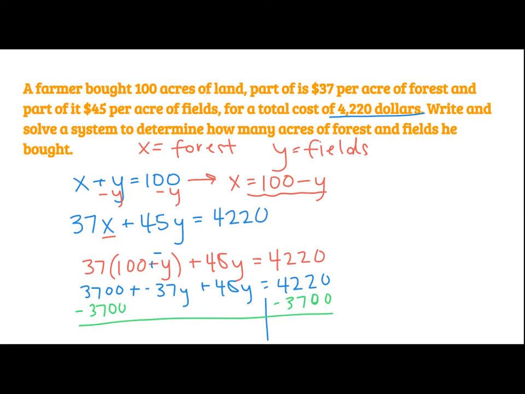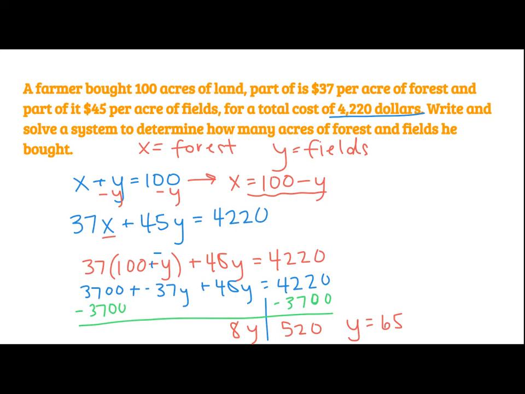And then here, we're going to combine those like terms. We get 8y equals 520. Divide both sides by 8, and we get y equals 65. So reminding ourselves of what that means, it's 65 acres of fields.